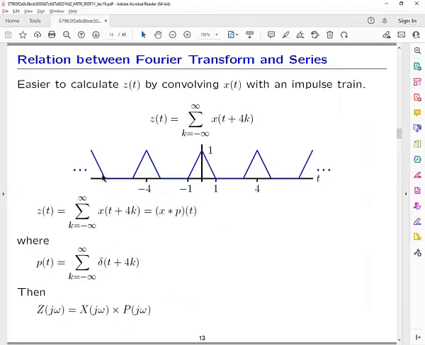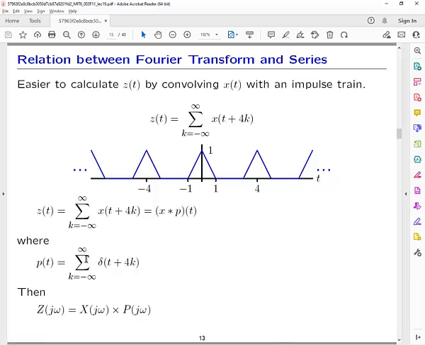To get this periodic shift, I want to shift it by delta functions so that I create an infinite number of copies of this triangle wave. Here he puts plus 4k. You could put minus 4k. It's the same thing, because he's going from minus infinity to infinity.